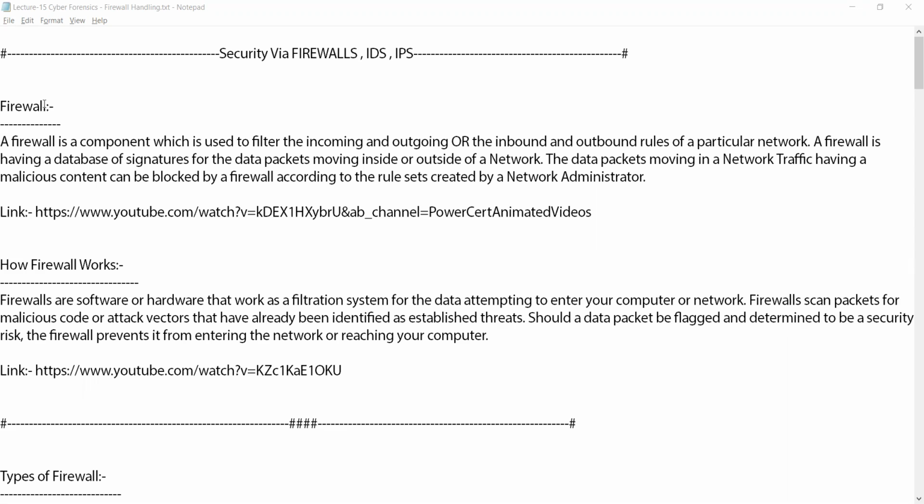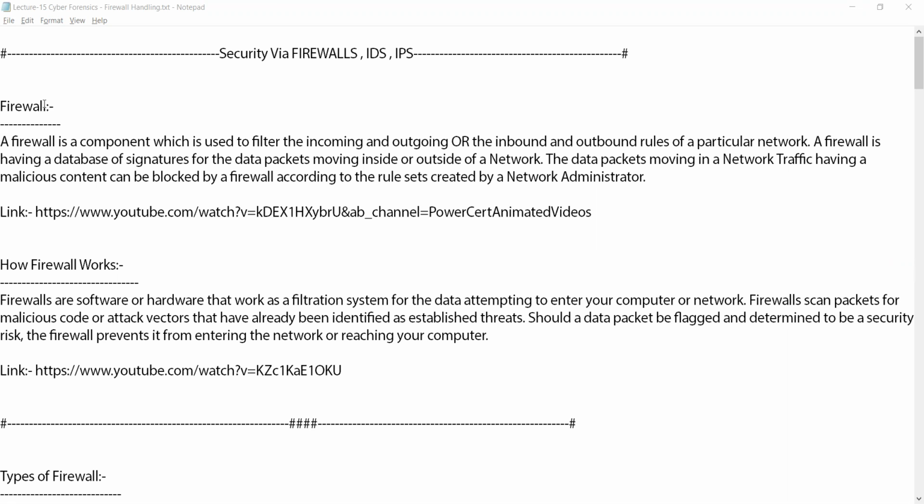But if we talk about how firewalls work on the basis of software and hardware, what is the working process? Firewalls are software and hardware that work as a filtration system for data attempting to enter your computer or network. The firewall scans packets for malicious code or attack vectors that have already been identified as established threats.